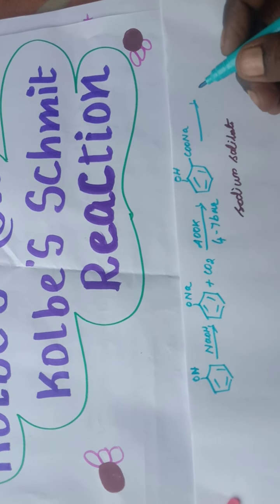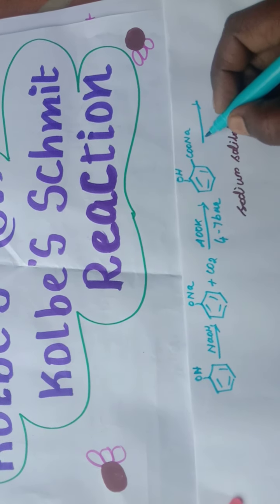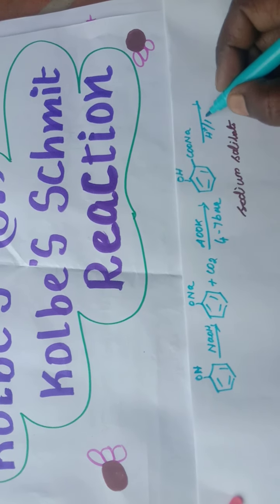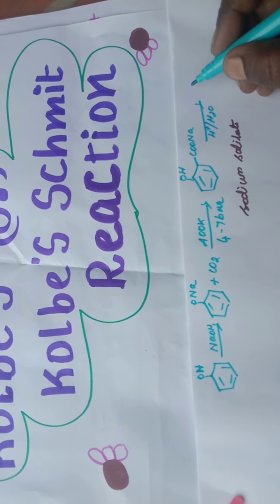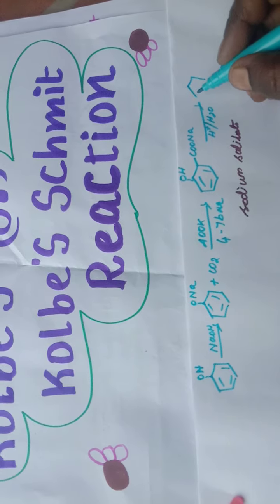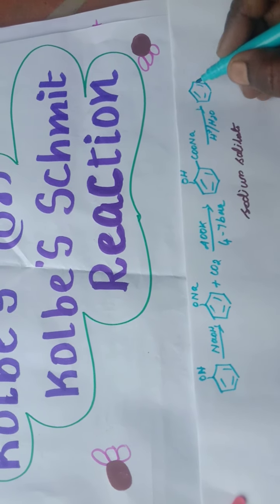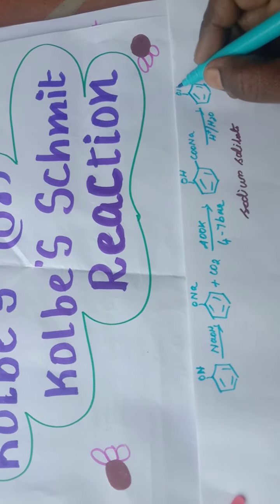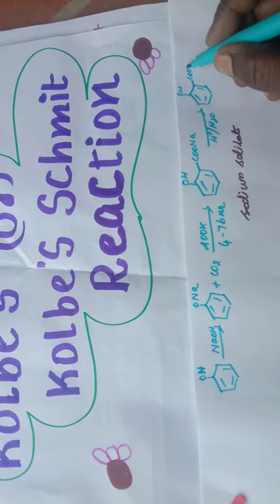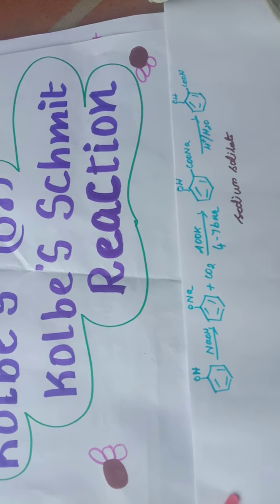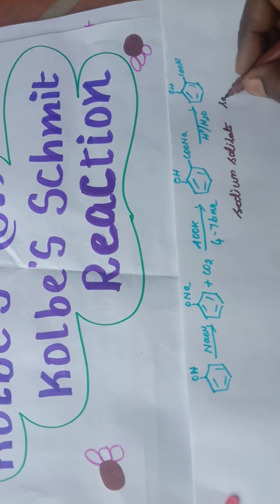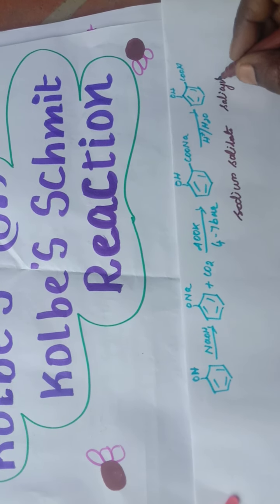When the sodium salicylate undergoes acid hydrolysis, it gives salicylic acid. Name of the compound is salicylic acid.